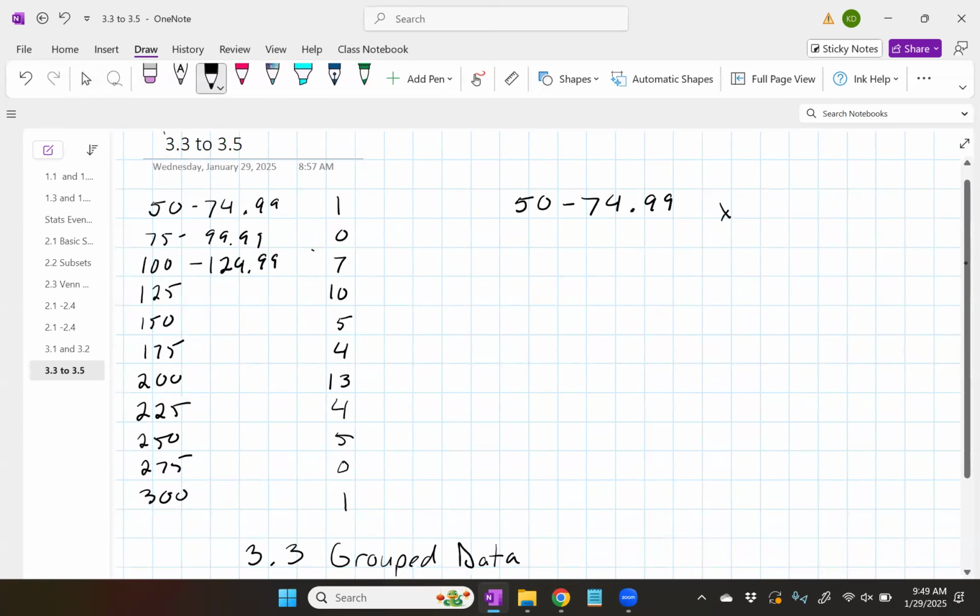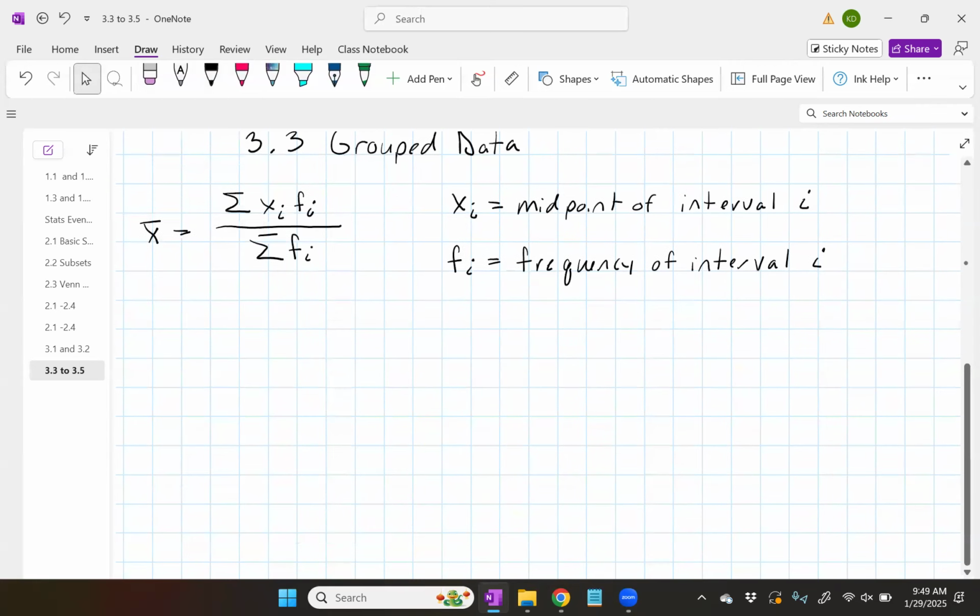So this would give us an x sub 1, since it's our first interval, of 62.5. And our frequency for that category is the second list of numbers. So our f1 would be 1. We will use this example after I get the other things. So just showing where everything comes from.